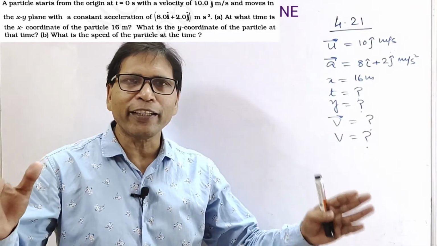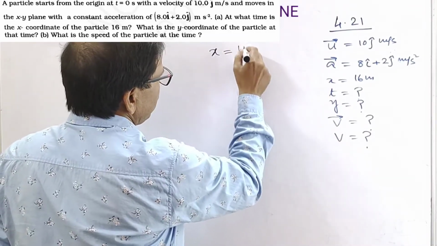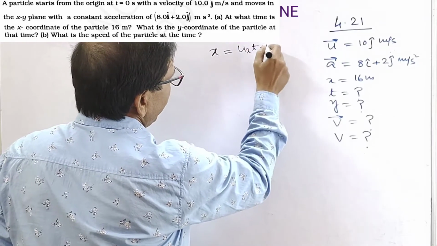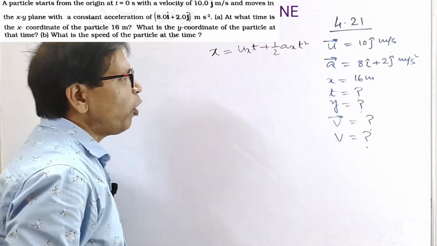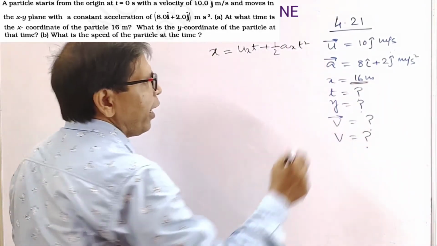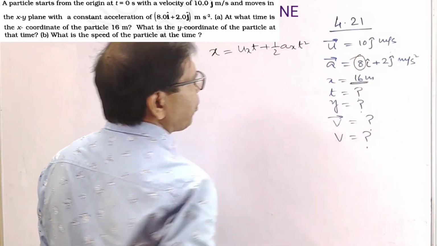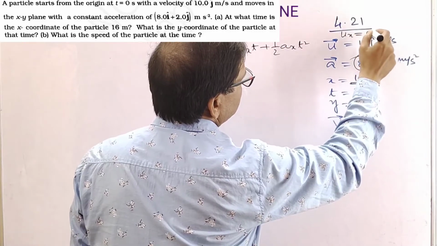First of all, consider the motion along the x-axis. x equals ux t plus half ax t². Here x equals 16 meter, acceleration equals 8 meter per second square, and initial velocity ux equals 0.